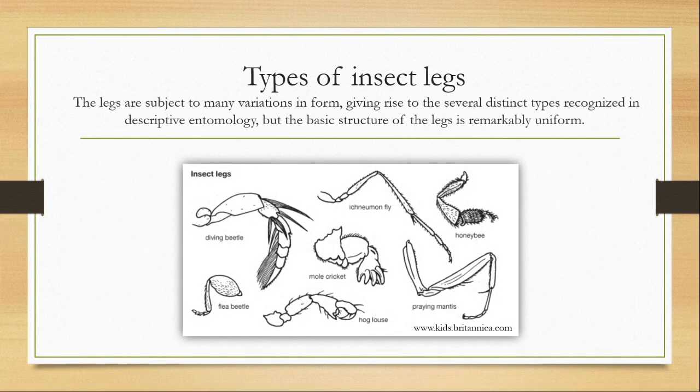All legs are made of the 6 podites, that is coxa, trochanter, femur, tibia, tarsus and pretarsus. Now, based on what kind of functional activity those legs have, one or more parts can be modified, can be more developed, but you would find all these 6 parts in all legs.